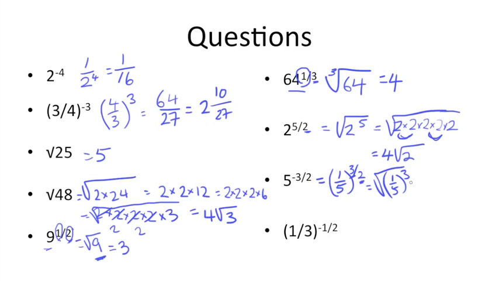Now, knowing that this is a square root and 1/5 to the 3rd power means 1/5 times itself 3 times, we can take a pair of 1/5ths out, and that becomes 1/5 on the outside of the square root sign, and we're left with 1/5 on the inside.